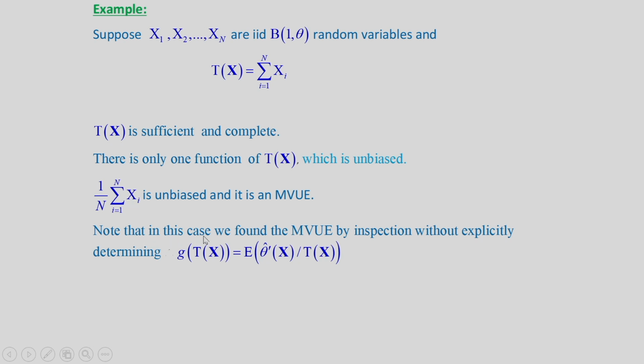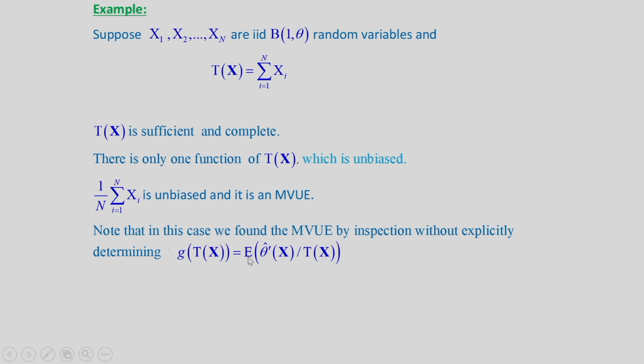Note that in this case we found the MVUE by inspection without explicitly determining g(T(x)). So this is the formulation, but without this formulation we could find out this quantity. But in all situations it may not be possible to find a complete sufficient statistic which is unbiased by inspection.